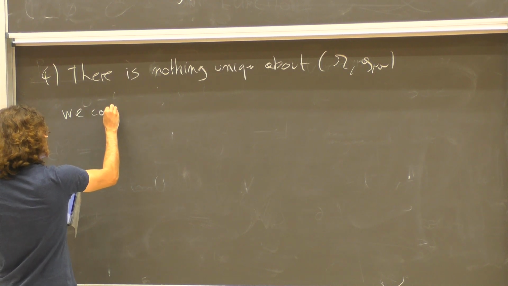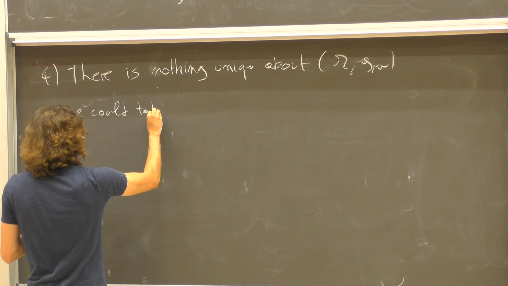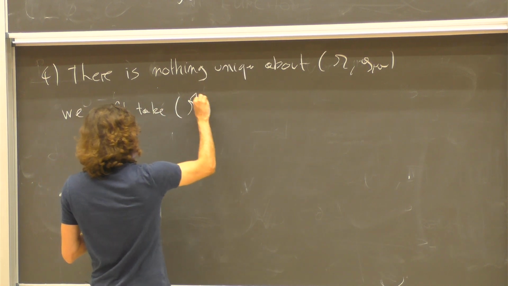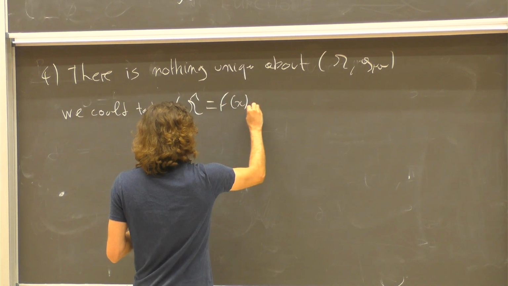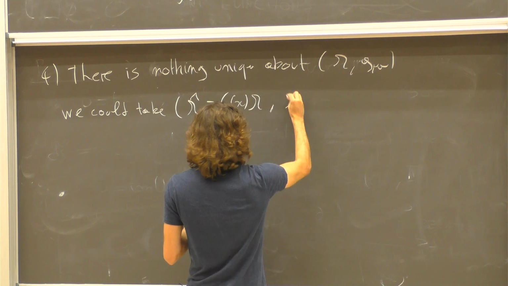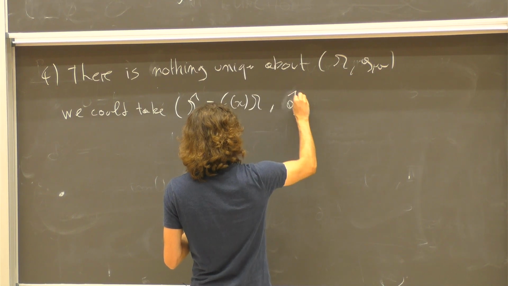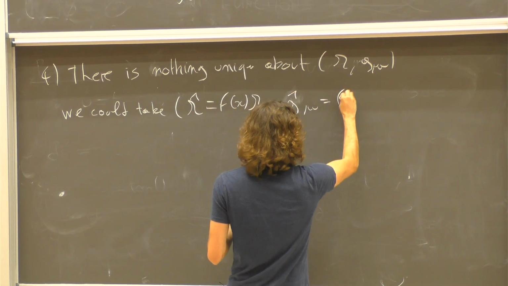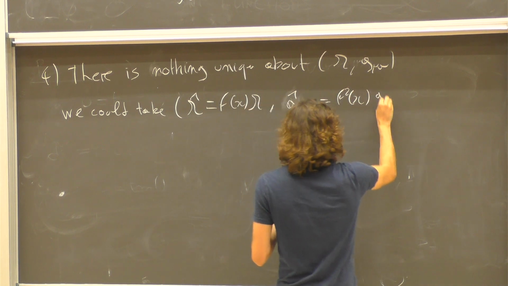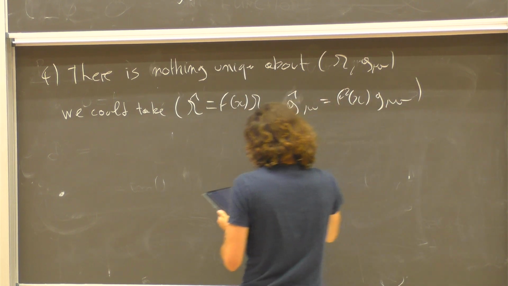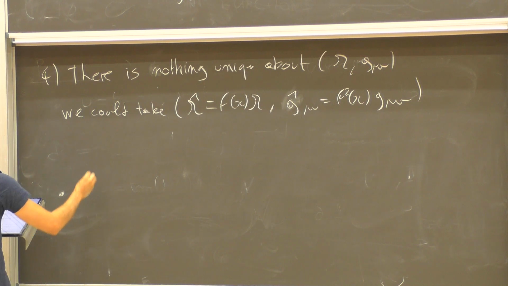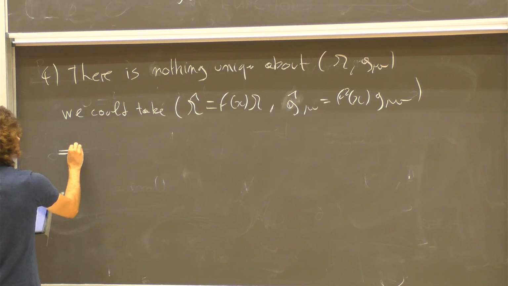We could take omega hat equal f of x omega and g hat mu nu equal f squared of x g mu nu. And this would work just as well because the physical metric is the same.